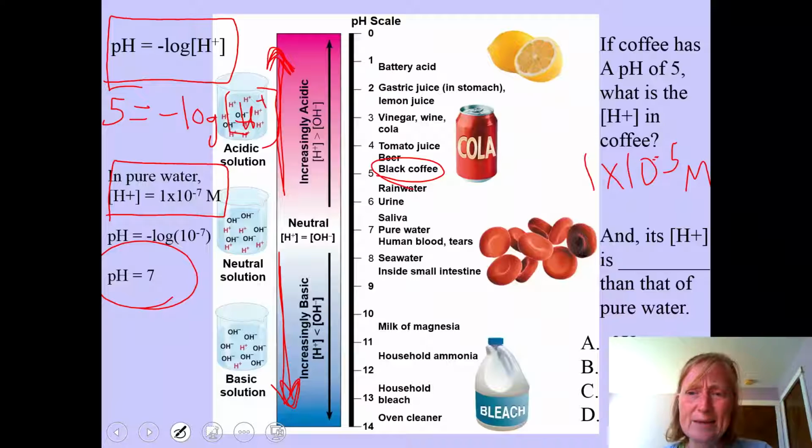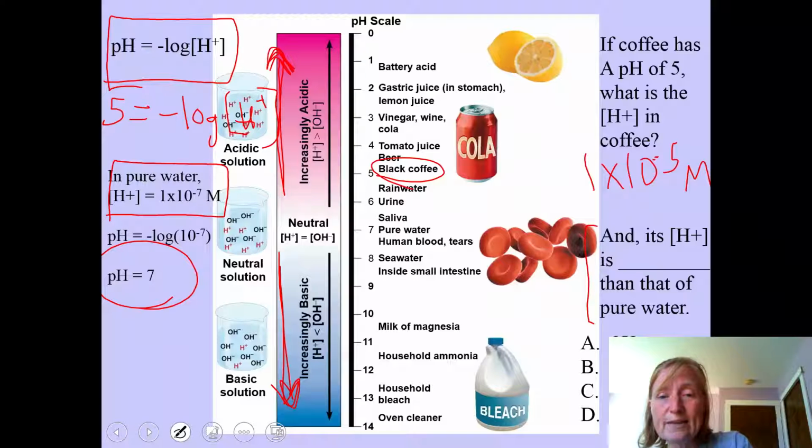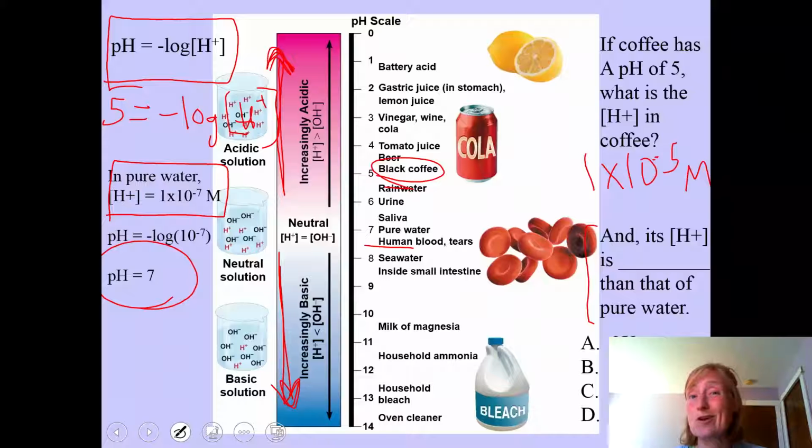In fact, how many times bigger is it? That's our question here. Its proton concentration is how many times that of pure water? Well, we're moving on the pH scale from 7 to 5, but remember this is a logarithmic scale. Every step, every increment in the pH scale represents a 10-fold change in proton concentration.